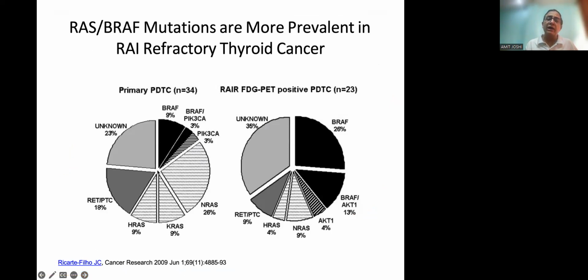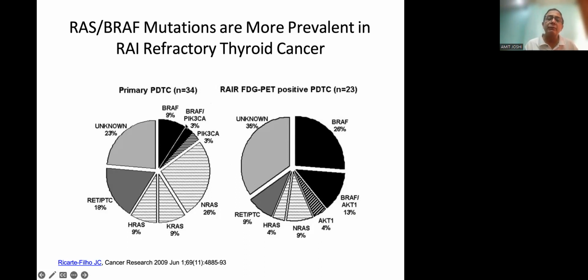The other important point in discussion is that these mutations are not static. At the time of initial surgery, if we do a tumor mutation profile, it will be different from when the patient becomes radioiodine refractory. This graph shows how the tumor mutation profile changes over a period of time.